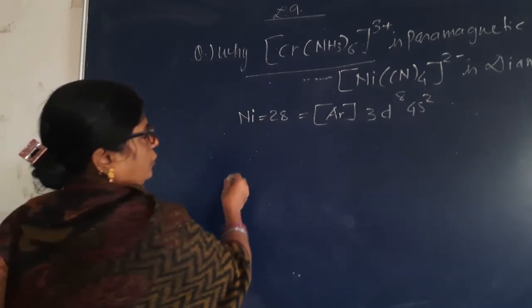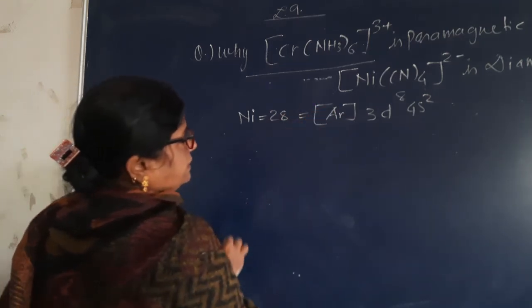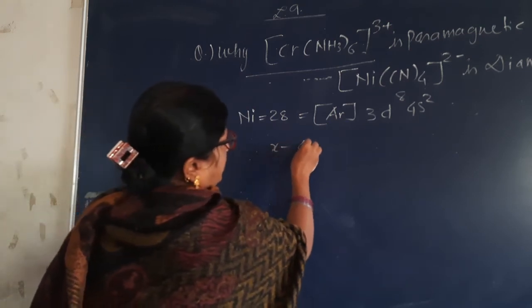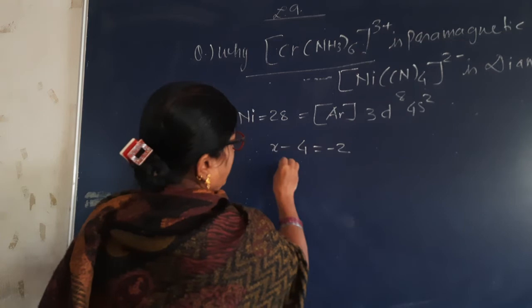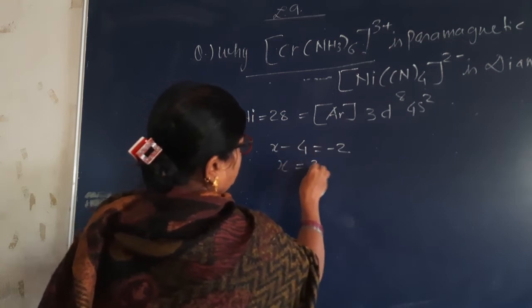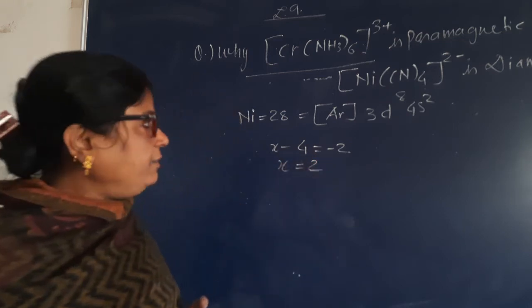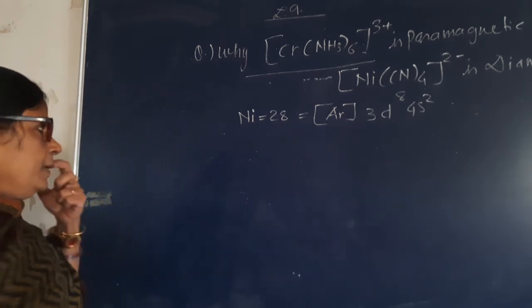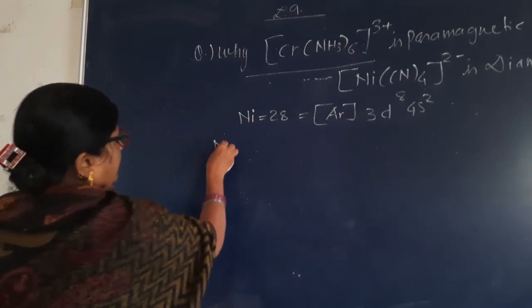So for nickel, what is the oxidation state here? x minus 4 is equal to minus 2. So minus 2 plus 4 is equal to 2. So the oxidation state of nickel will be 2. Correct? So we will write here Ni2+.